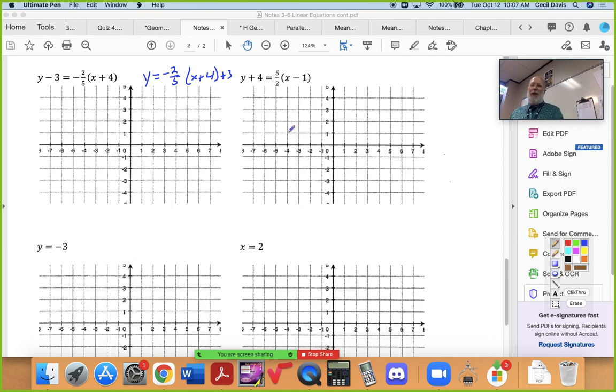Here's the part that you have to remember, though. It's supposed to be x minus x1. Well, it's not minus, is it? But x plus 4 is the same thing as x minus what? -4. So the point that this is going to go through is (-4, 3).